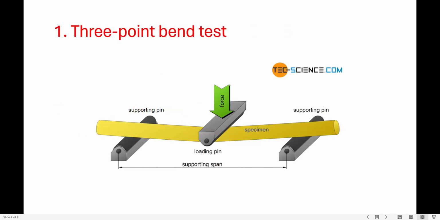In 3-point bend test, the experimental setup consists of a yellow rod, which is called the specimen, placed horizontally on two supports.